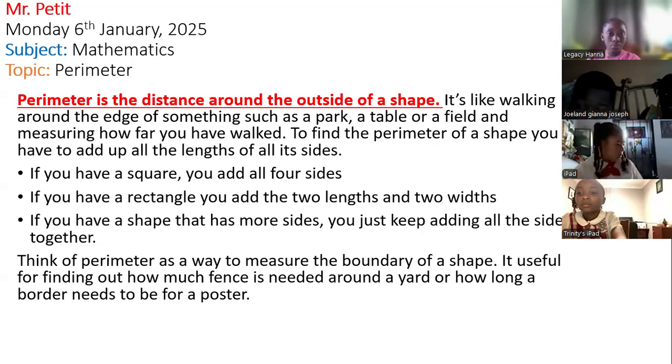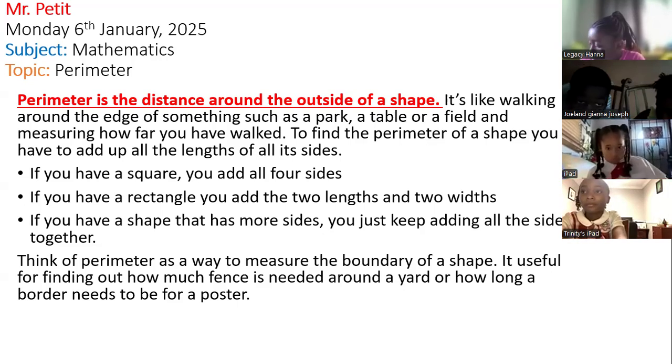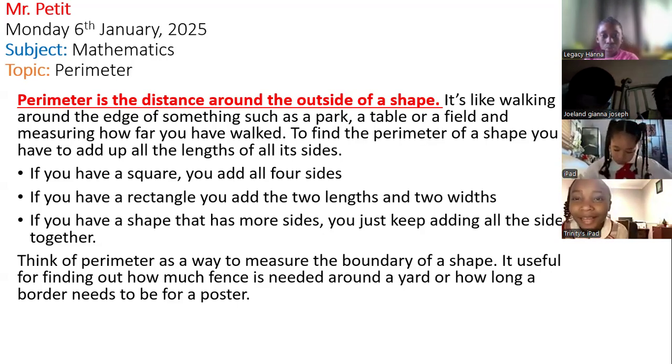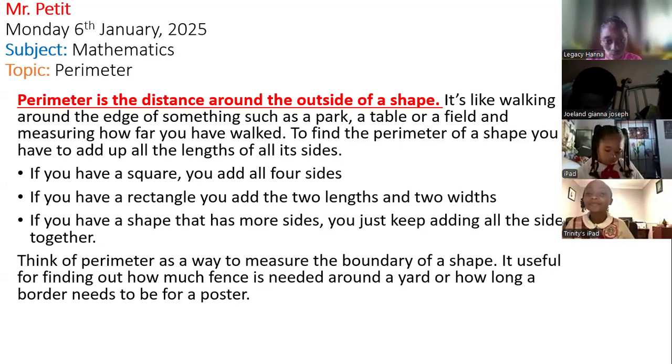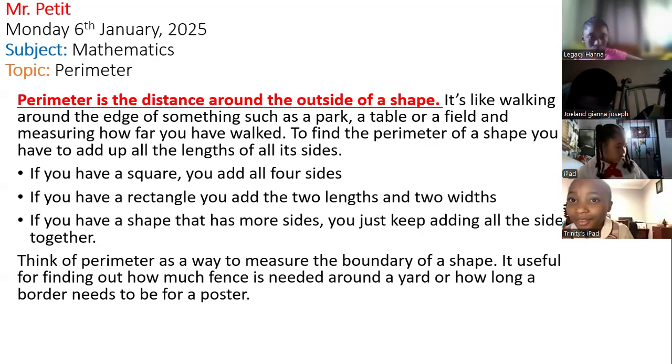And Trinity, what's the perimeter? The perimeter is the distance around the outside of the shape.